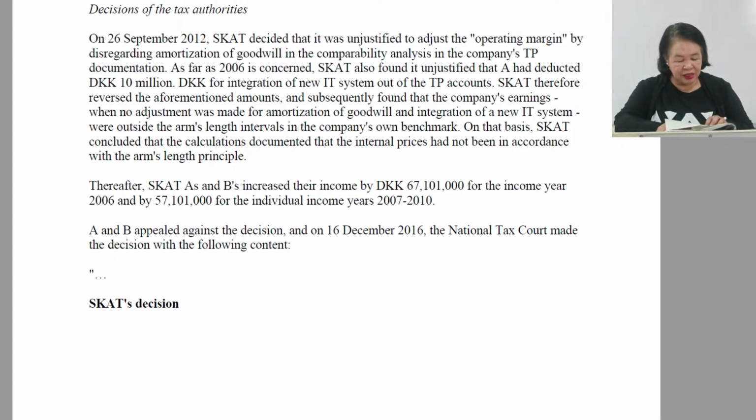So, therefore, SCAT as A's and B's increased their income by Danish krone 67,101,000 for the income year 2006 and 57,101,000 for the individual income year 2007-2010. A and B appealed against the decision, and on December 2016, the National Tax Court made the decision with the following content. Okay.